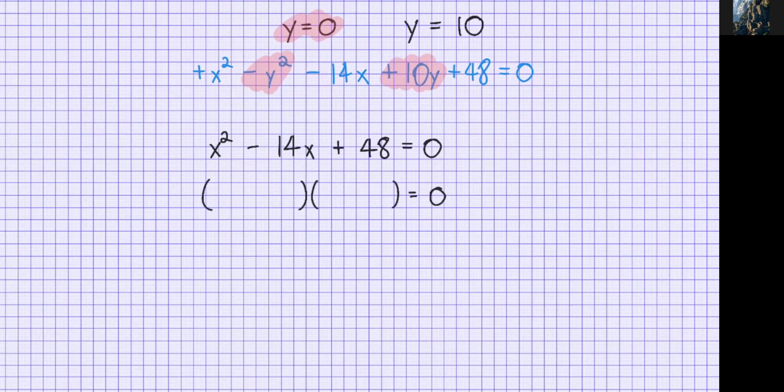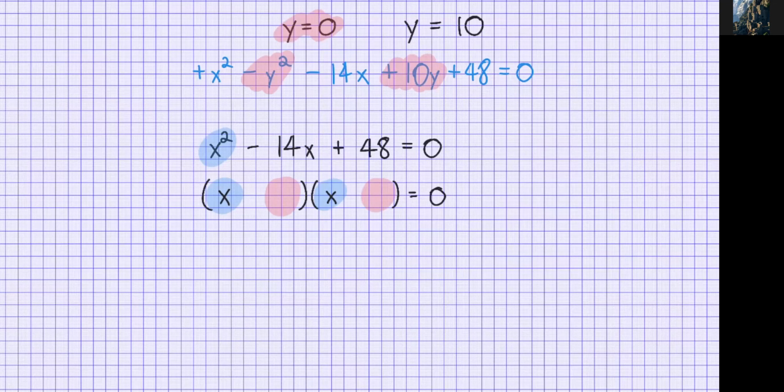Now, if you remember, the first term has to come from the multiplication of both of these terms in parentheses. So I will have x and x. Now, the second term in my parentheses has to comply with the following idea.